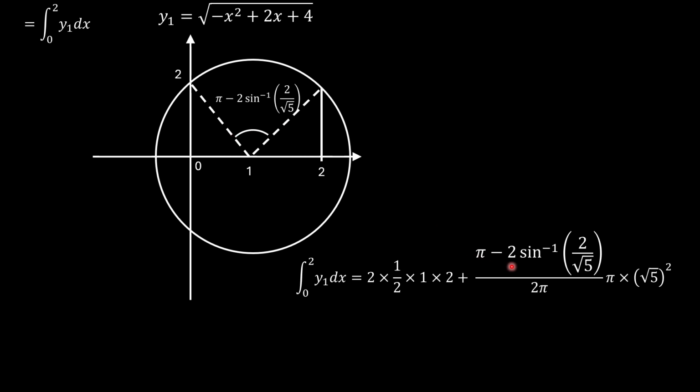So we have pi minus twice arcsine of 2 over root 5, over the entire angle of the circle, which is 2 pi, times the area of the circle, which is pi times root 5 squared. We've calculated the area of the sector and added the area of the two triangles. We can simplify that: half and 2 go, so we have just 2 remaining, and dividing everything here, we have 5 pi over 2 minus 5 times arcsine of 2 over root 5. So that's the area. As simple as that. It was very quick and easy to obtain.